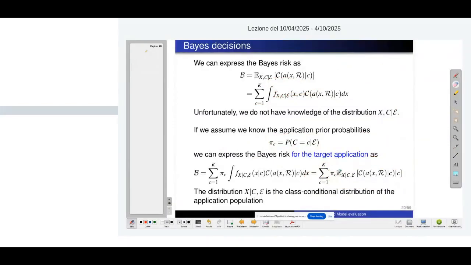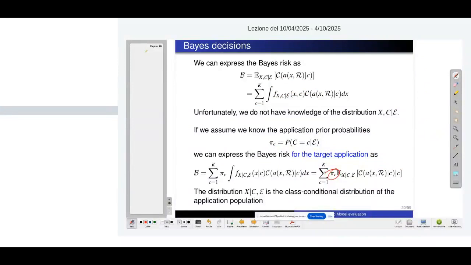This puts in evidence the role of the prior, which, as we said, we usually assume is known because we are estimating the risk for a given application. And we said when we decide the application, we assume that we have fixed the prior, so we know the prior. Then, of course, if the application prior is different from the prior that we used for our evaluation, our conclusions will not necessarily hold.